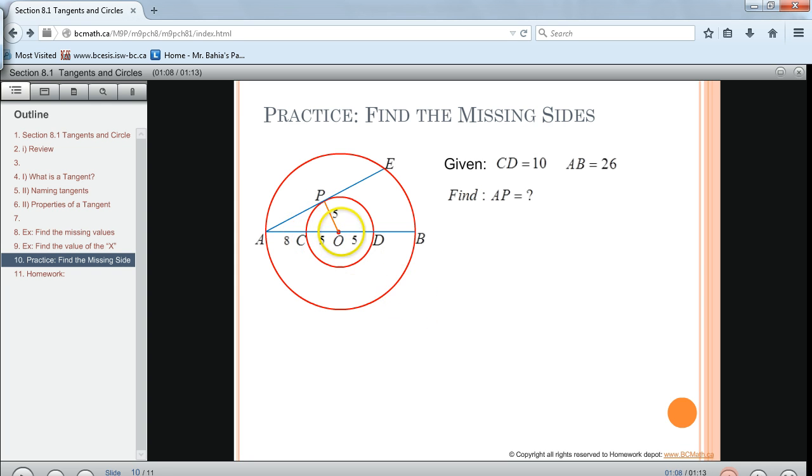Here's something else we know. From there to there is 5. Any line from the center of the circle to that point is also going to be a radius, so that's also 5. So we can figure out our right angle triangle by realizing our tangent radius rule. That's 5. That's 13.